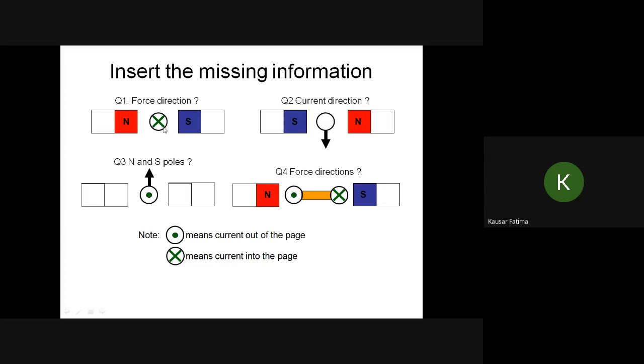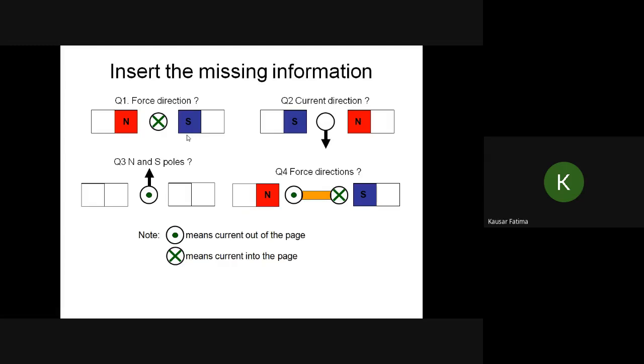So you have to orient your hand in such a way that your first finger goes from north to south, points towards the right side. Stretch out the fingers like it was shown for Fleming's left hand rule. Now you have to do the twisting of your wrist. So first finger goes from north to south, and second finger towards the laptop screen.